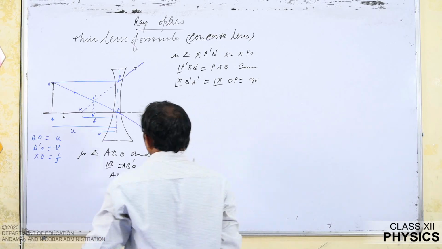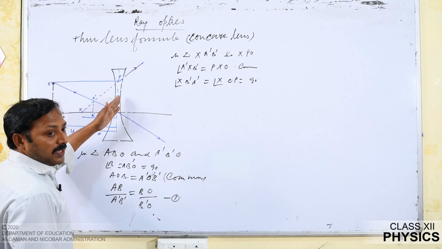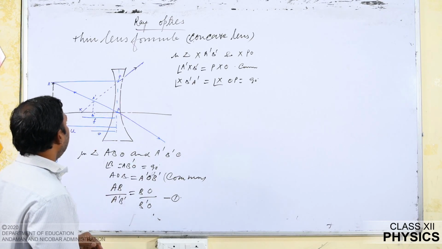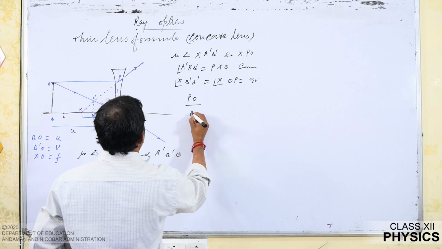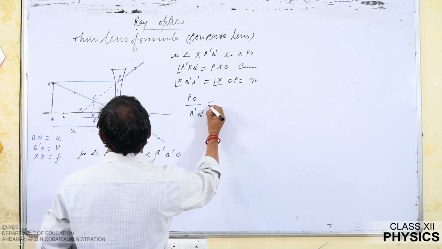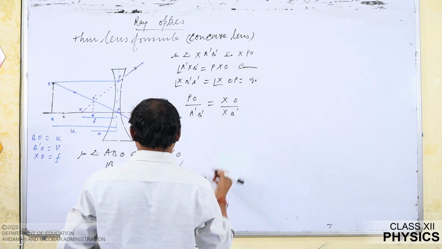So, these two triangles are also similar. If the two triangles are similar, then the ratios of their corresponding sides also have to be equal, that is PO divided by A dash B dash will be equal to XO divided by X B dash.